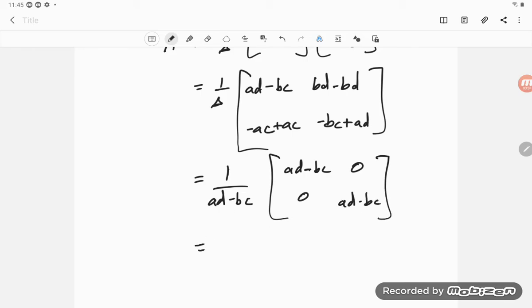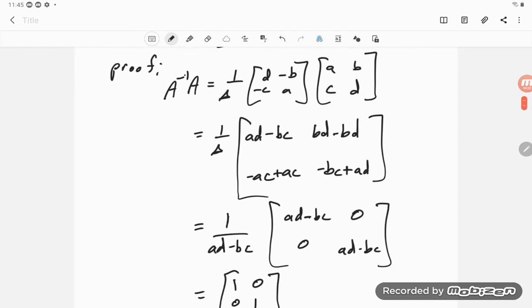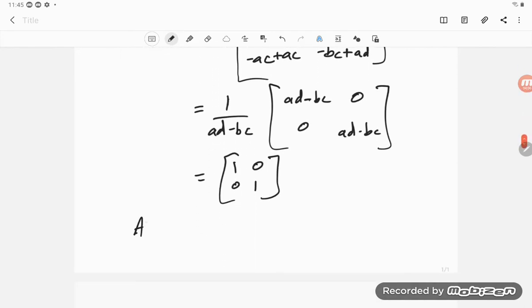And so multiplying through by the scalar, we get 1, 0, 0, 1. And multiplying on the other side, A inverse works similarly.